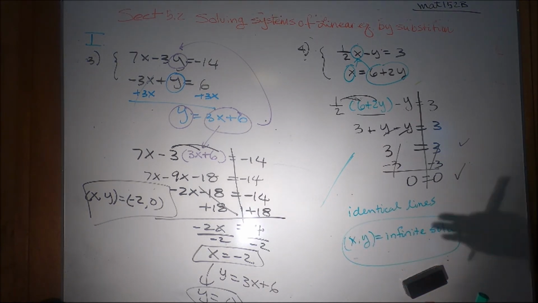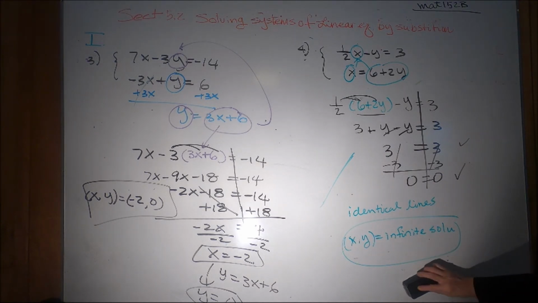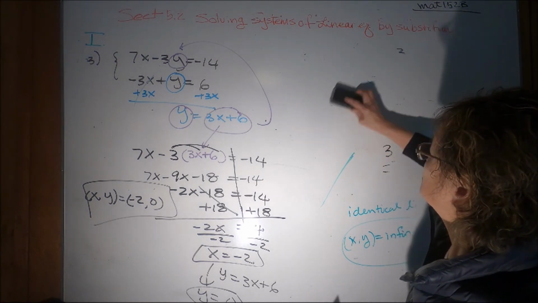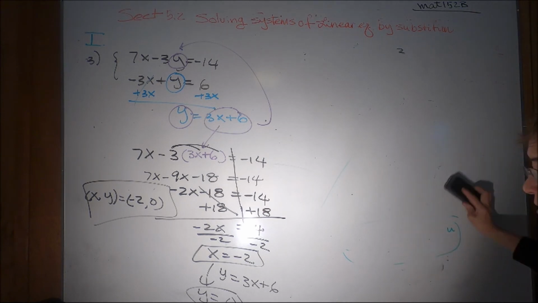Remember, we have 3 conditions when we solve a system of linear equations. You might have what? One answer. You might have what? 0 answers, no solutions. Or you might have infinite solutions, right?